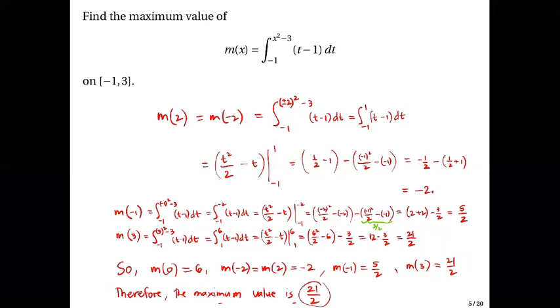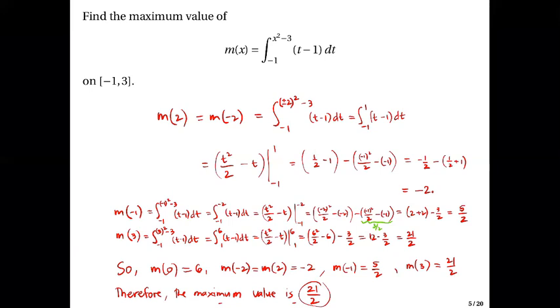Questions? Okay, so why did we choose -1 and 3 again? Because they are the endpoints of the interval. Take note that when you are calculating maximum and minimum values of a given function using the first derivative test, the critical numbers will just be strictly inside the interval.